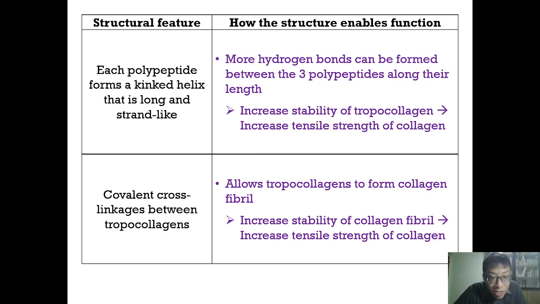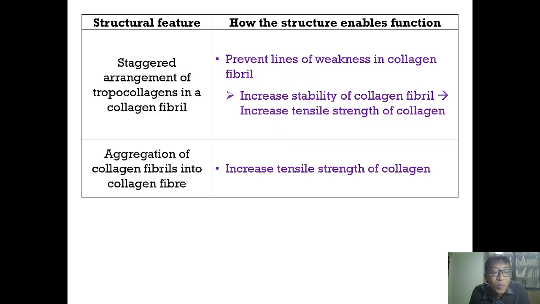So the tropocollagen is more stable, again increasing the tensile strength of the collagen. Between tropocollagens, there are covalent cross linkages that allow the formation of the collagen fibril, for the tropocollagens to come together to form the fibril. That also, the covalent bonds, being strong bonds, also increase the stability of the fibril and therefore the tensile strength of the collagen. The tropocollagens are arranged in a staggered manner, so again that prevents lines of weakness.